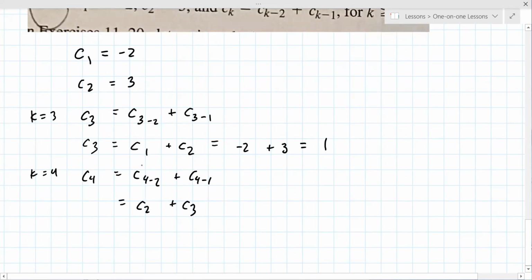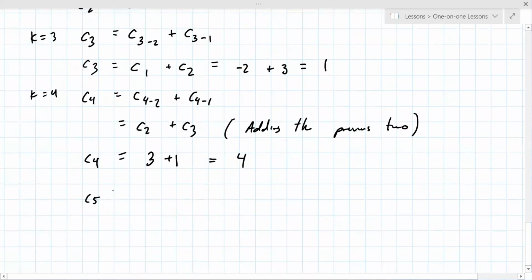So at some point you might realize in words it's adding the previous two. And sometimes it's easier to see it in words than to keep writing these underscores. So the previous two, it's 3 and 1. It's 3 plus 1, which is 4.